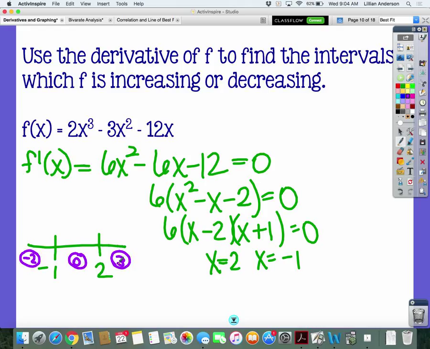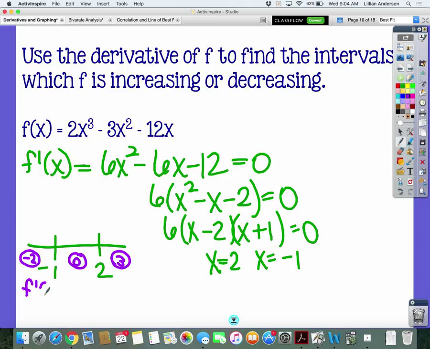So you take these 3 purple test points and you plug them into what? What tells you whether or not a function is increasing or decreasing? So you got to plug these test points into the derivative, okay? And we're not so much concerned about what the number is, more about whether it is positive or negative.